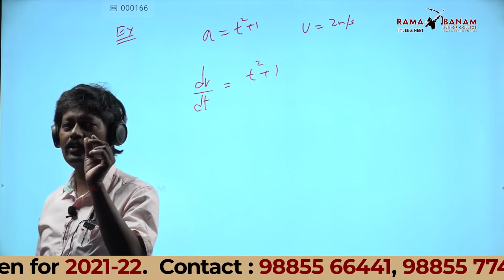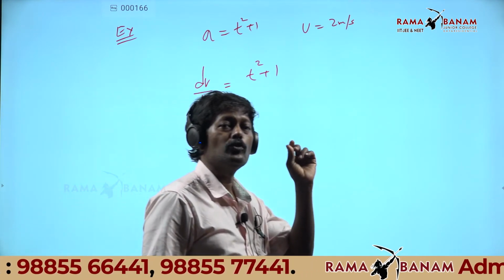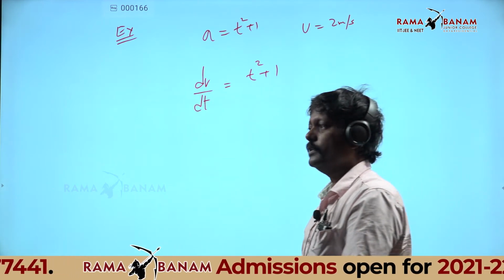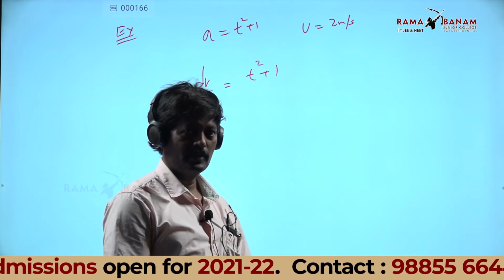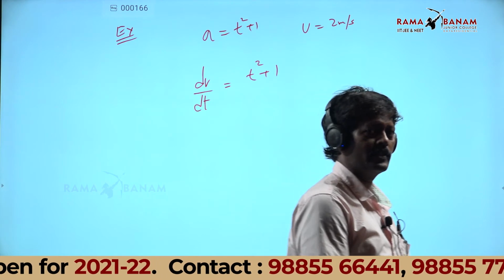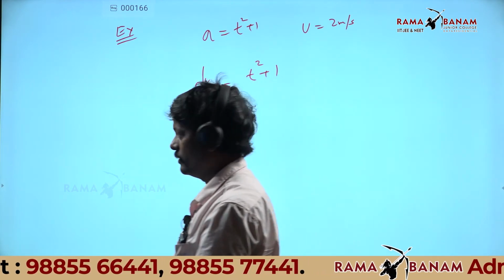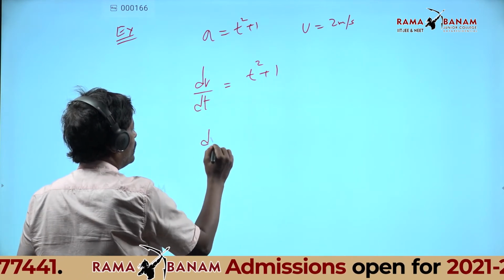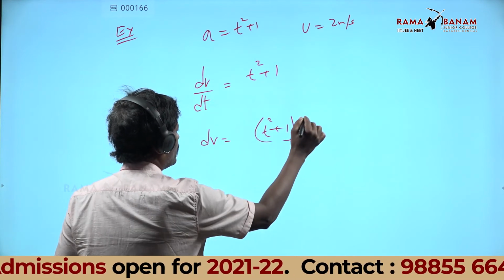Always those small elements dv, dt, dx should be on the numerator only, not in the denominator. Every point what I say you have to listen very carefully. Now this dt I will take this side: dv equal to t square plus 1 dt.